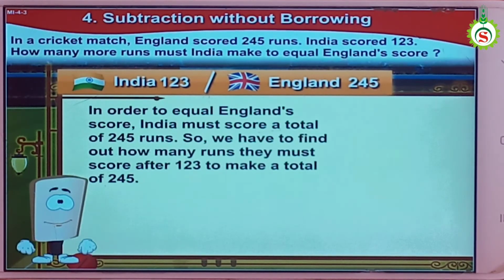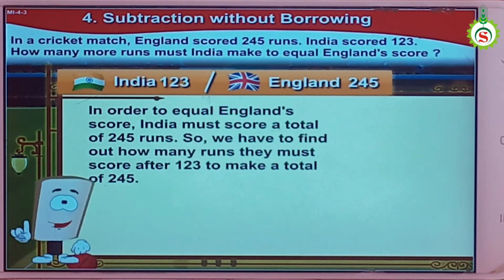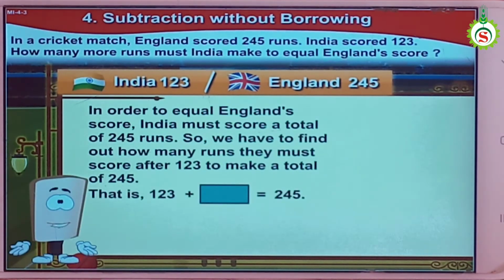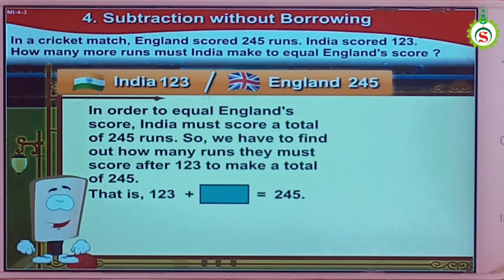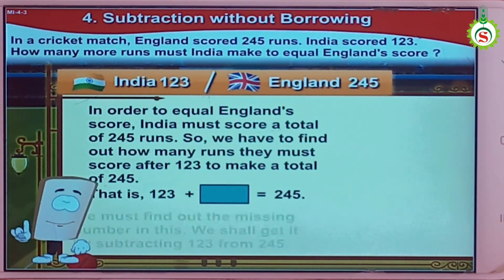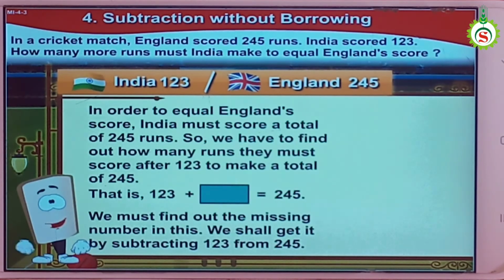So, we have to find out how many runs they must score after 123 to make a total of 245. That is, 123 plus box is equal to 245. We must find out the missing number in this. We shall get it by subtracting 123 from 245.